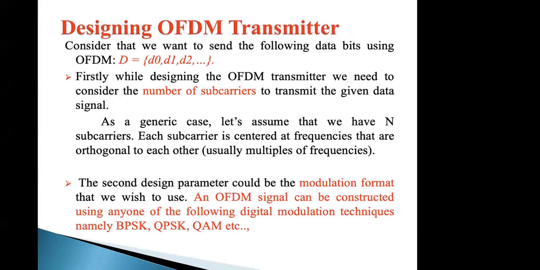I use maybe 10 carriers, and each carrier takes 2 bits because it is QPSK. So 10 into 2 means 20 bits. I have to wait until 20 bits arrive, and these 20 bits are mapped according to my constellation diagram. Then they are sent across all the subcarriers.